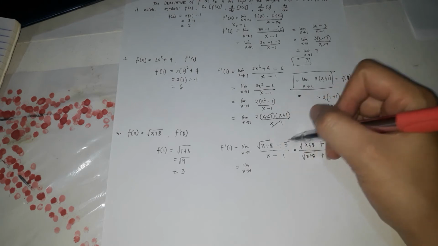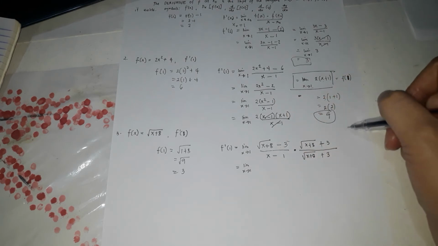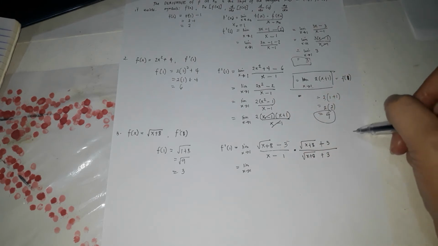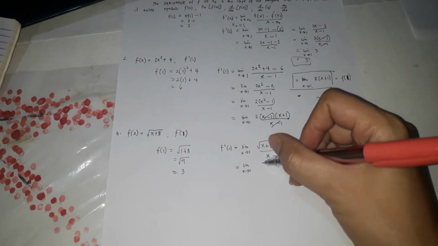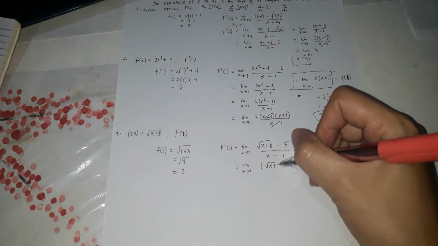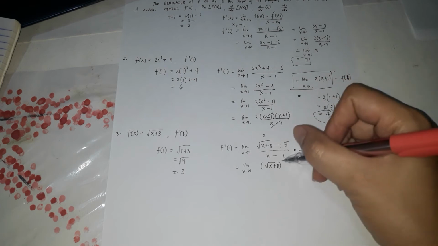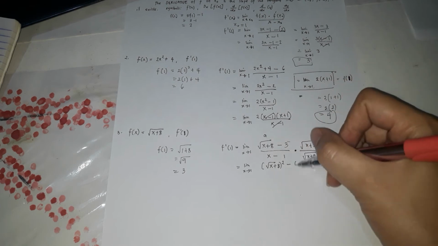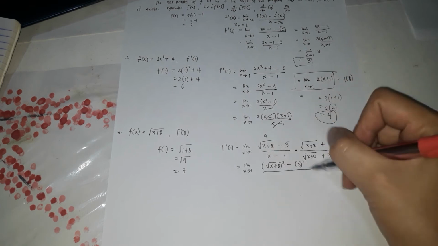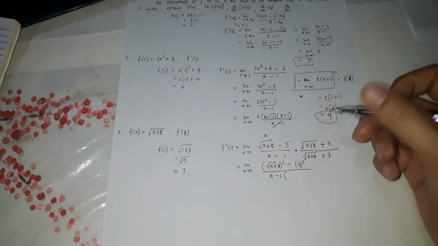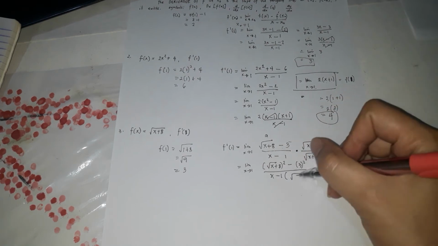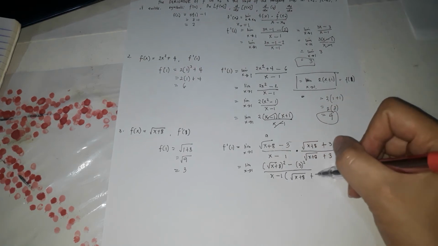Because a minus b times a plus b is equal to a squared minus b squared. So what happens is, this is a, it becomes squared, minus 3 squared, over x minus 1 times, we copy this, plus 3.